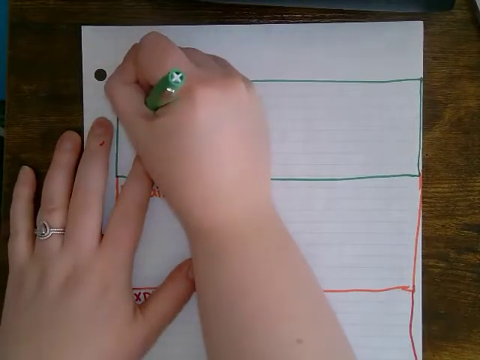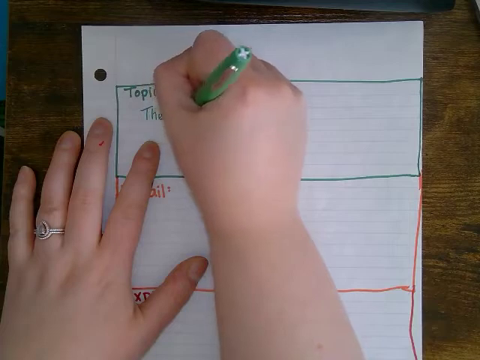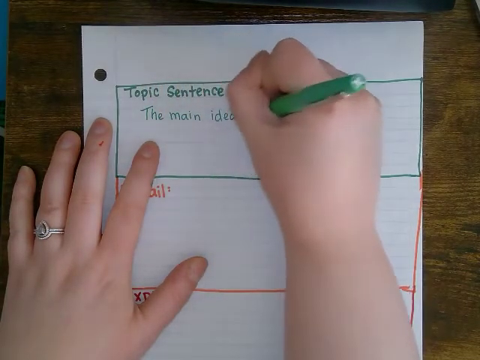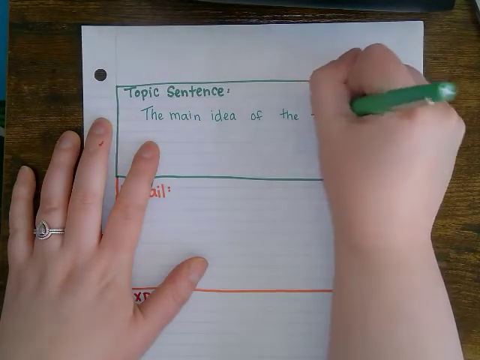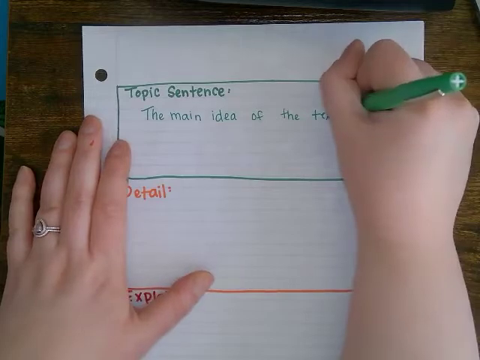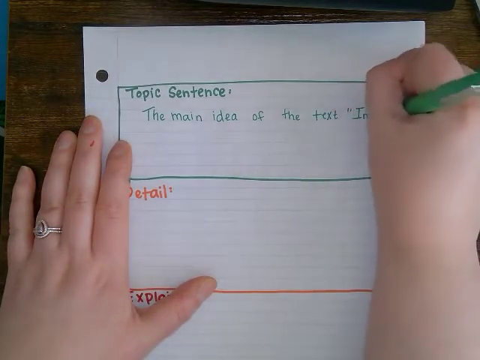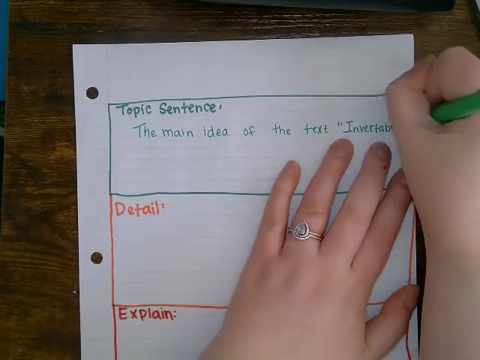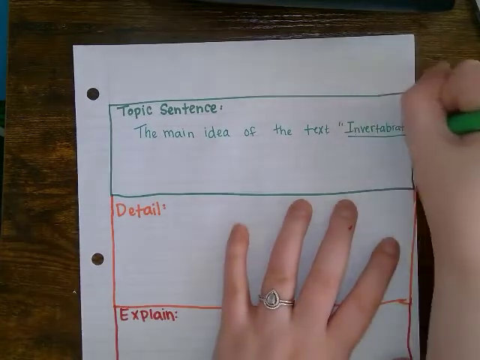So I'm going to say, the main idea of the text "Invertebrates" and I'm putting it in quotation marks because that's what we do with the name of a book.